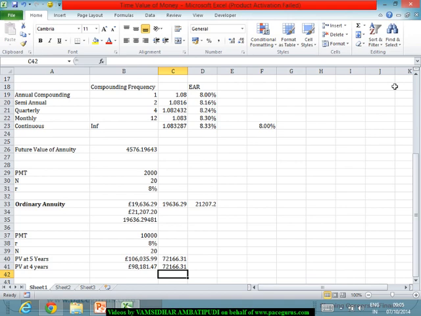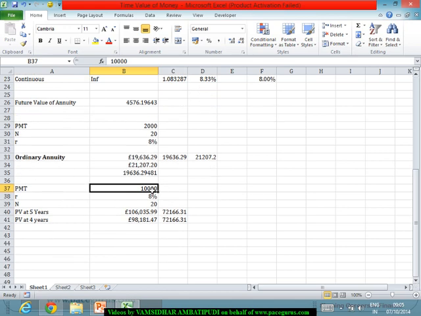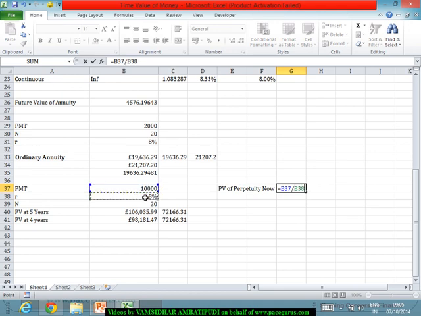In this same example, the PV of perpetuity now is coming out as this divided by R. So this is the present value of the perpetuity. PV of perpetuity 5 years from now.